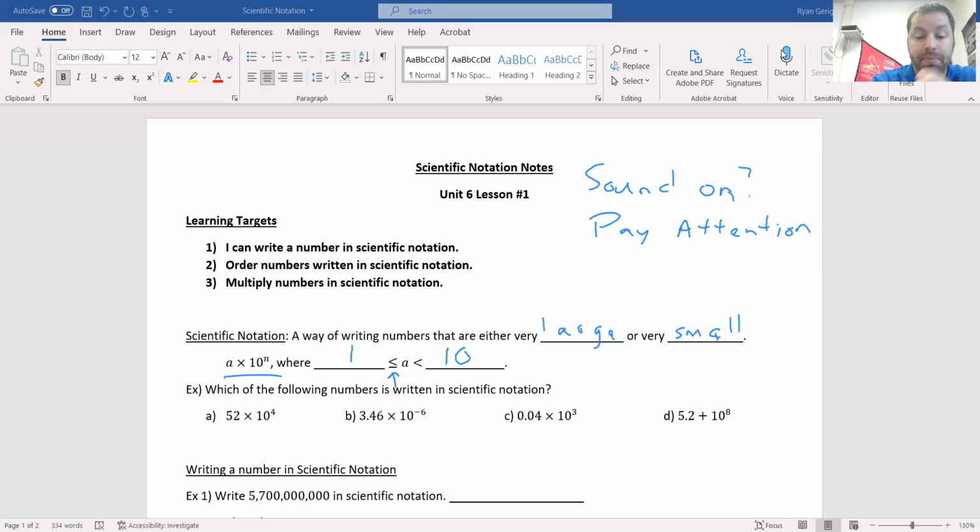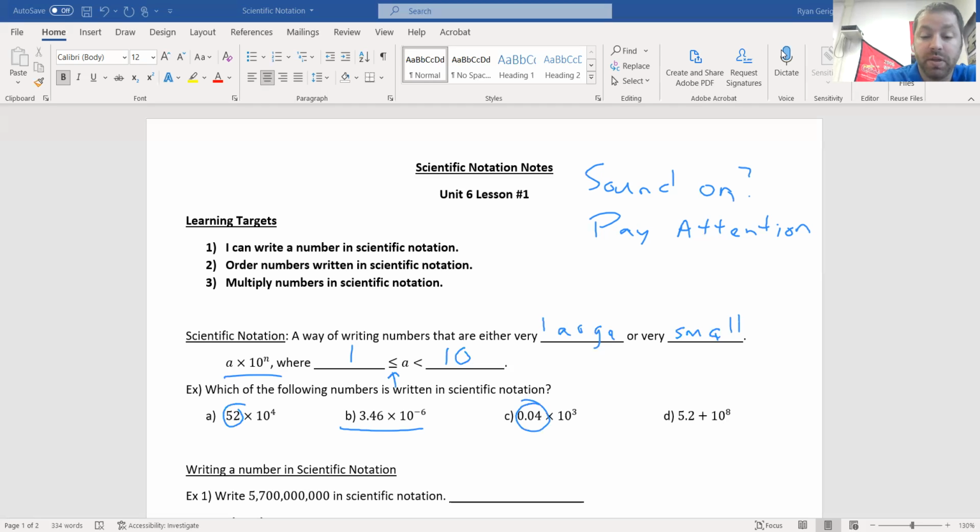All right, so the first example here, which of the following numbers is written in scientific notation? I want you to answer the Playposit question that's going to pop up on your screen now. Okay, the answer is B, but let's go through and talk about why the other ones are wrong. A, 52 is bigger than 10, so that's not a good number for A. Same thing with C, except that's less than 1.